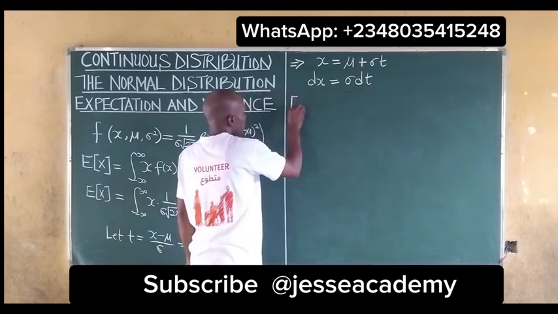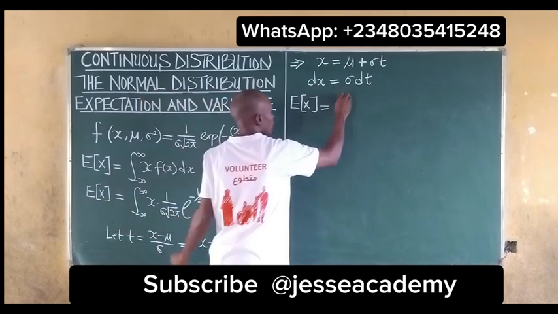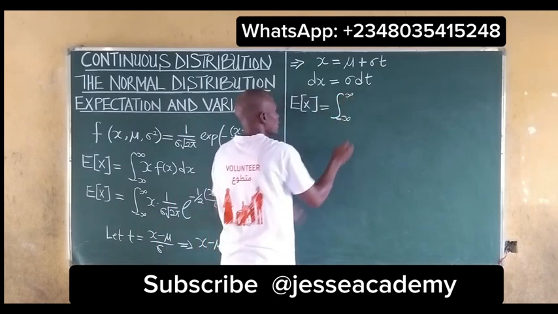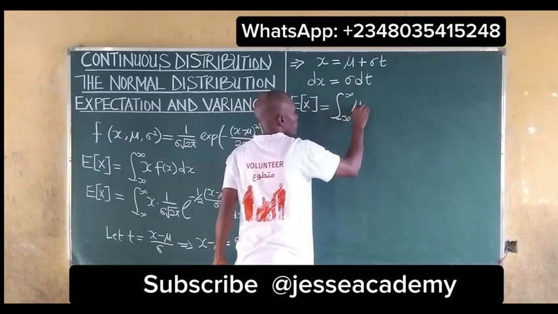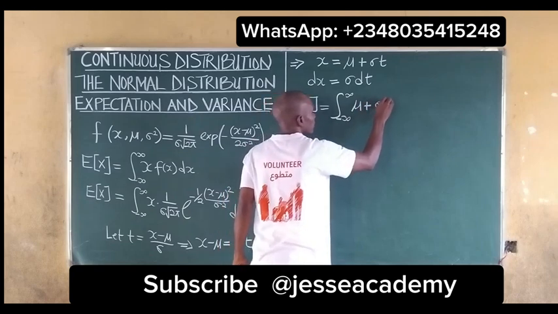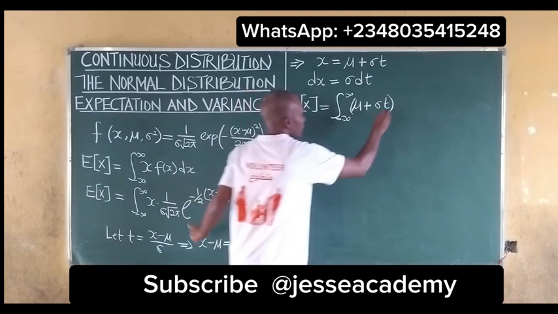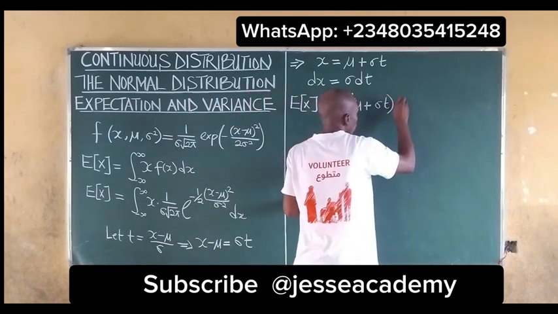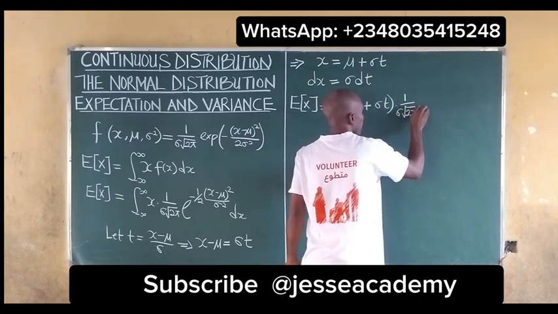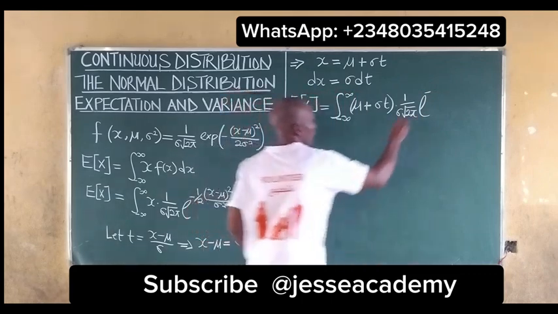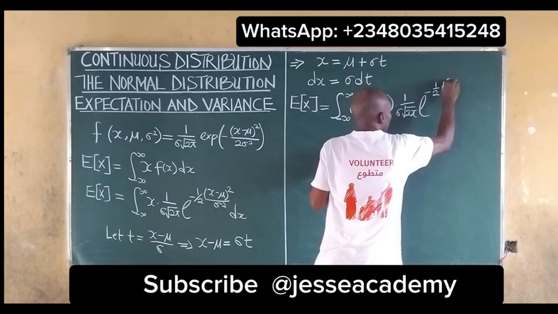It then means that our expected value of x will be equal to the integral from negative infinity to infinity of our x, which is mu plus sigma t, multiplied by 1 all over sigma square root of 2 pi exponential negative 1 all over 2, then we have the whole of this as t squared.